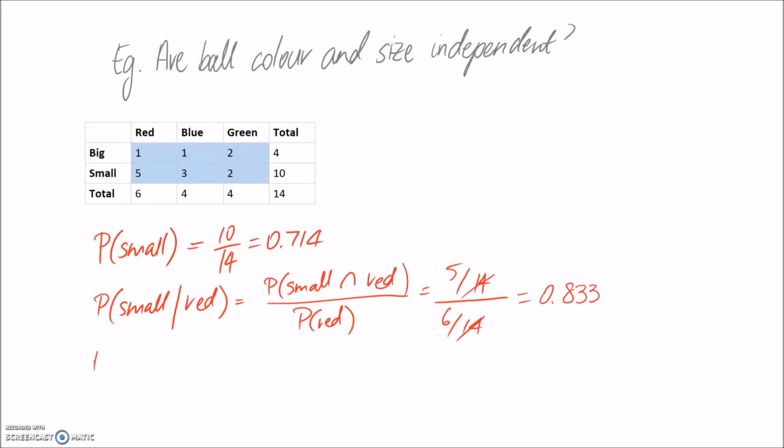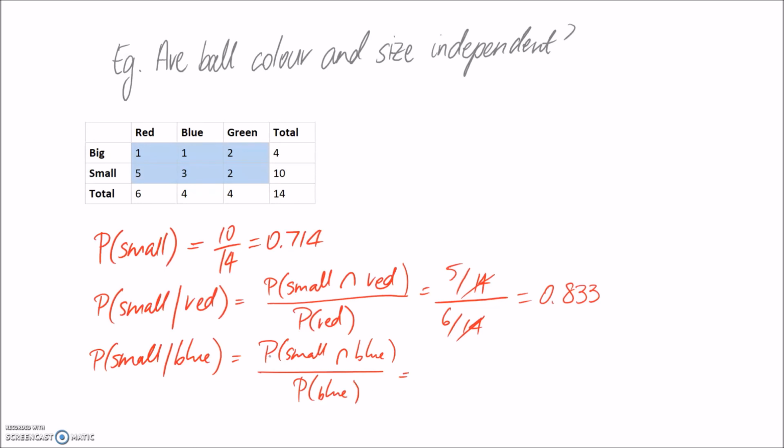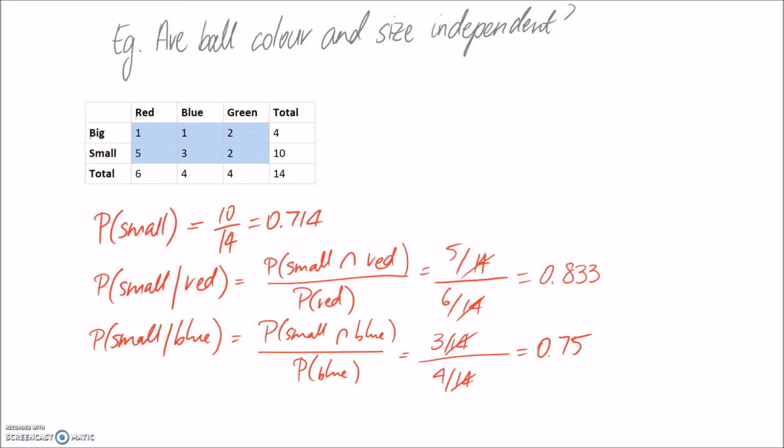If you want though, you could keep going. The probability of it being small conditional on it being blue, again we can write it out. It looks like this. The probability of small and blue comes from the intersection, which is 3 on 14, divided by the probability of it just being blue, which is 4 on 14. So the 14s cancel and we get 3 on 4, which is 0.75. I'll go to the effort of doing the last one as well.